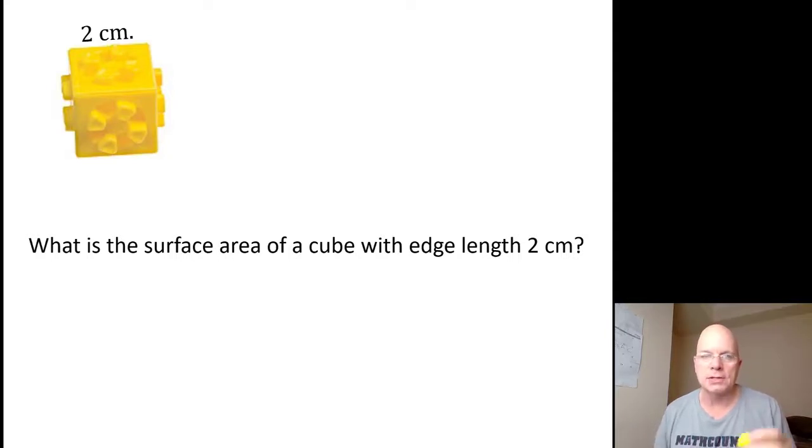But we talked today in the Zoom about surface area, and how if an edge length of this cube was 2 centimeters, the area of one of the square faces would be 4.